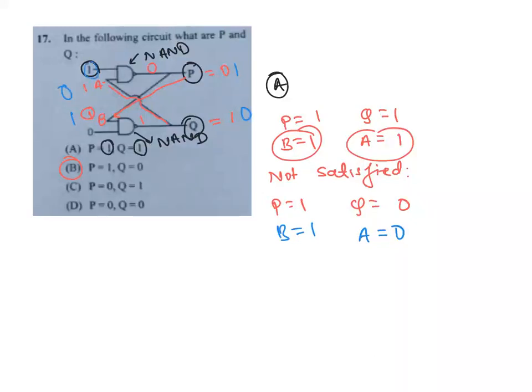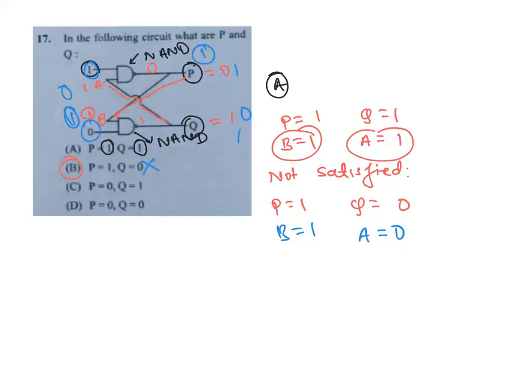The NAND gate output for 1 and 0 is 1 here. And for 1 and 0, the NAND gate output is again 1, right? So that's the reason option B is also not satisfied.